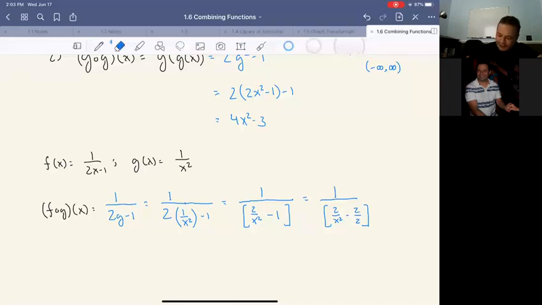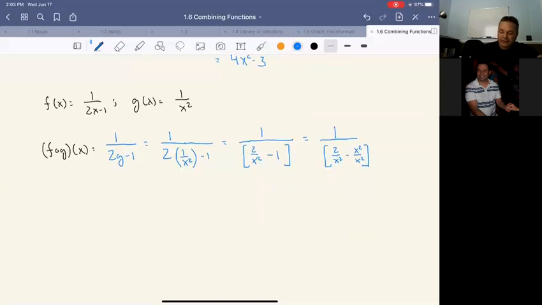It's not 2 over 2, but x squared over x squared. Now this comes out to 1 over 2 minus x squared over x squared, which is x squared over 2 minus x squared. So this is our final expression after almost making a couple of mistakes.